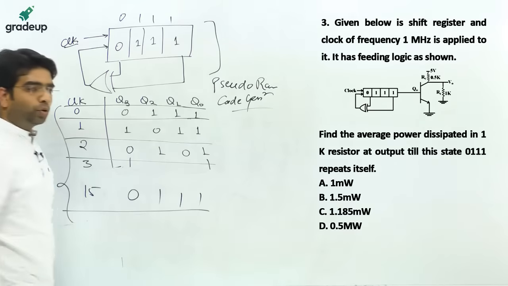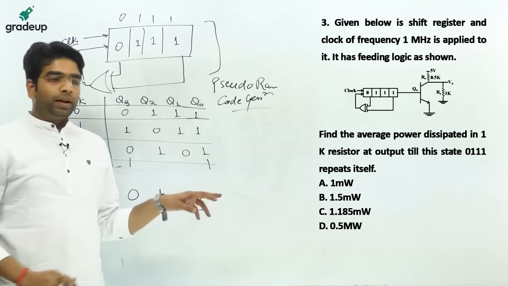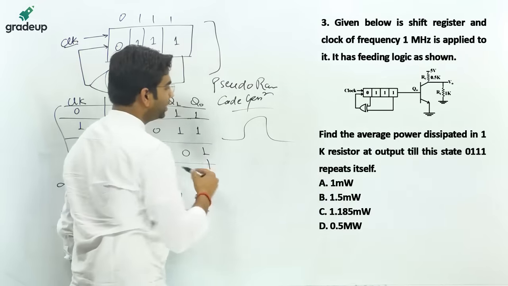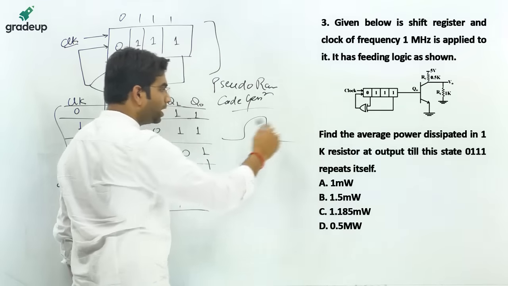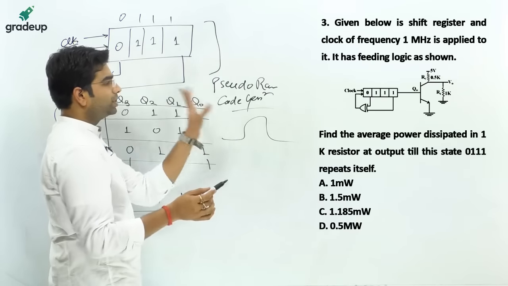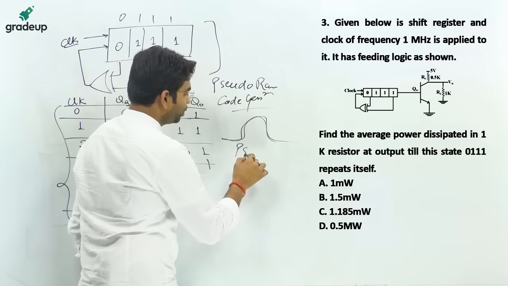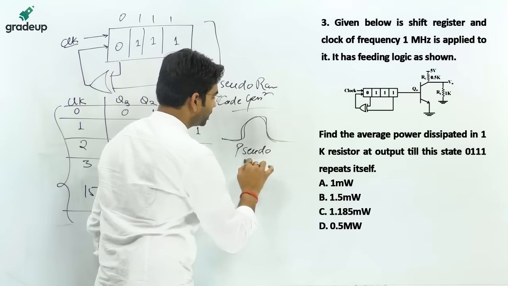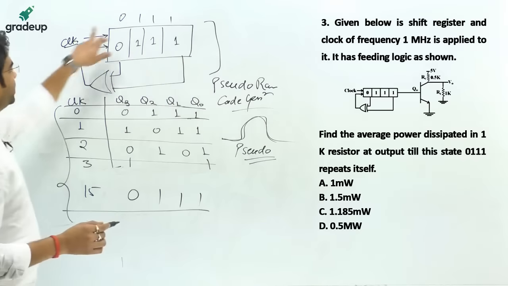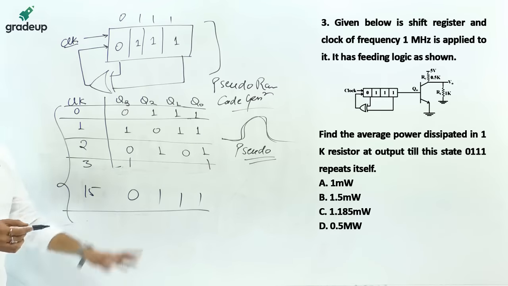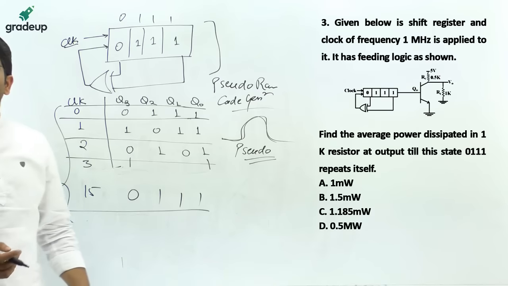What is a pseudo random code generator? In CDMA spread spectrum, the same frequency is allotted to all, but these are discriminated by pseudo noise codes. This pseudo code is generated by this circuit. It is called a pseudo random generator.